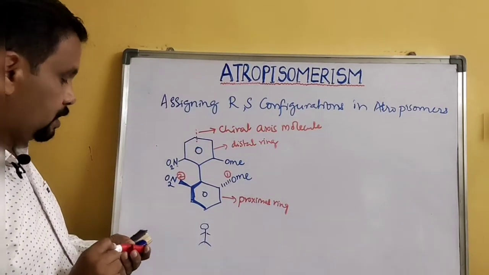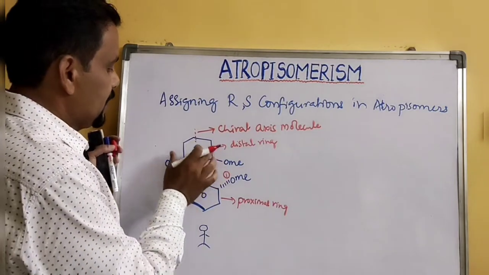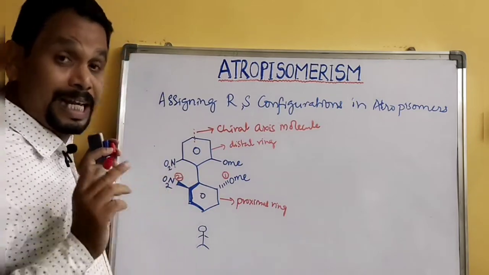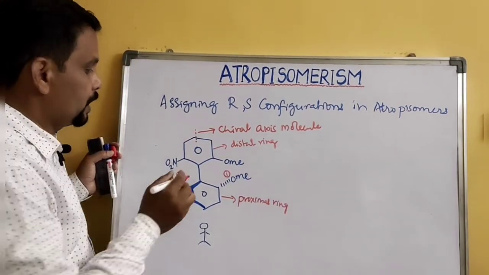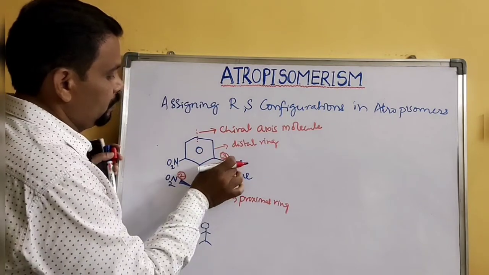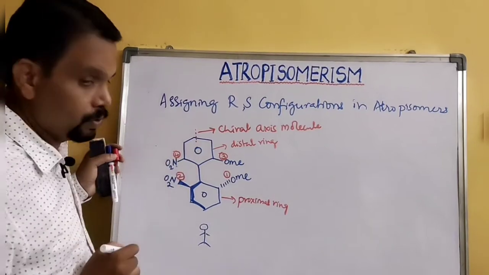Now you go to the distal ring, and there the third and fourth priorities are given according to Cahn-Ingold-Prelog rules. So the third priority is labeled to this oxygen and the fourth priority to this nitro group.